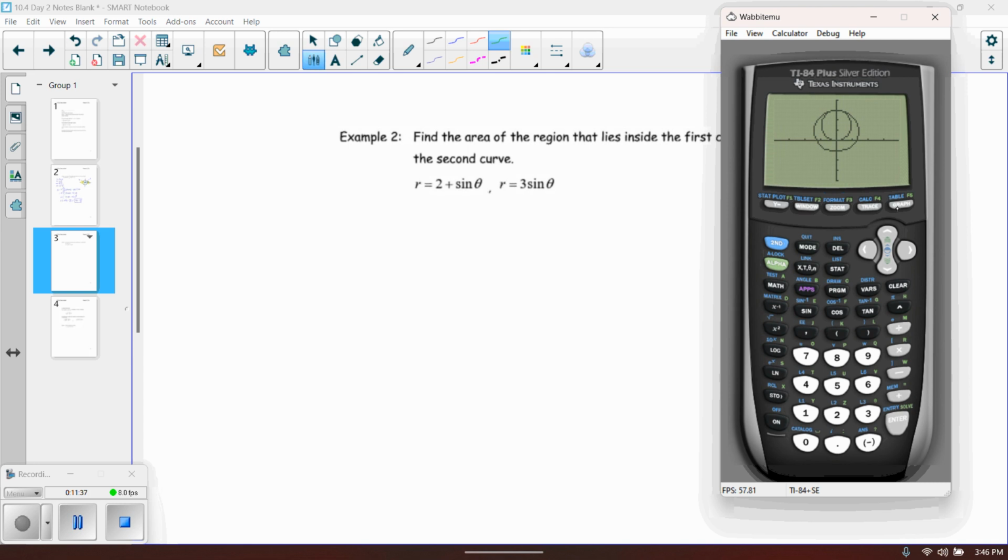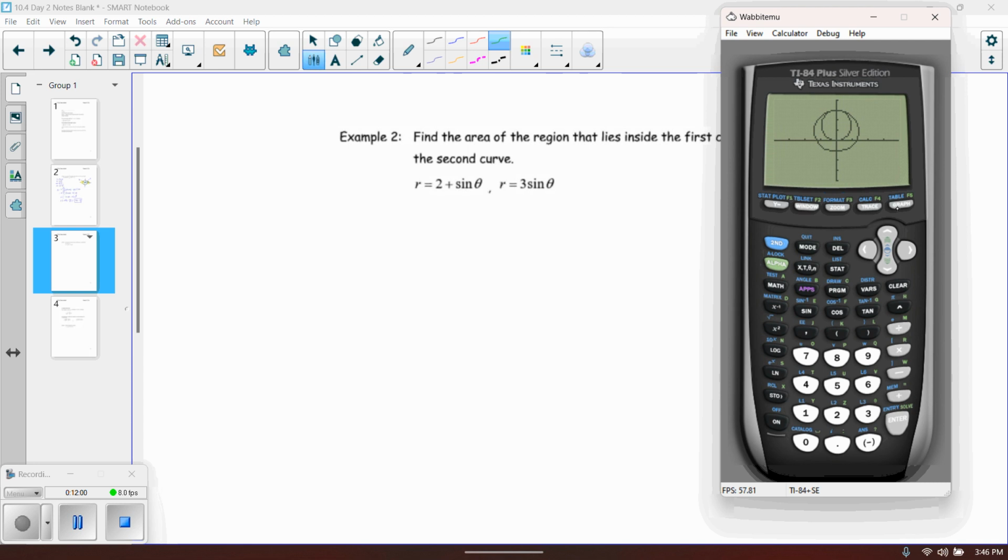You basically have to do this when using symmetry. You can see that the right half and the left half are symmetric, the top and the bottom are not. So you're going to have to use either the right half or the left half. Typically the right half is easier to use. So when we do this, we're going to have to go from, it looks like, negative pi over 2 to pi over 2 using that right half.